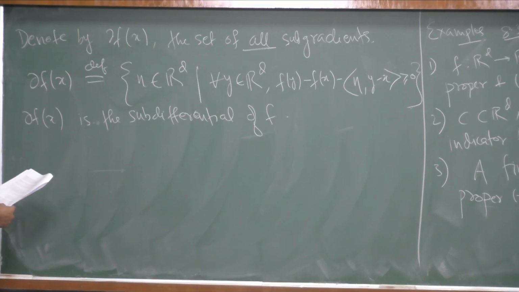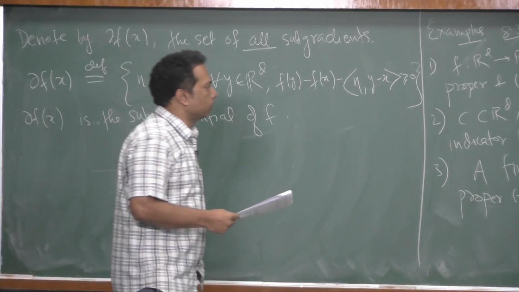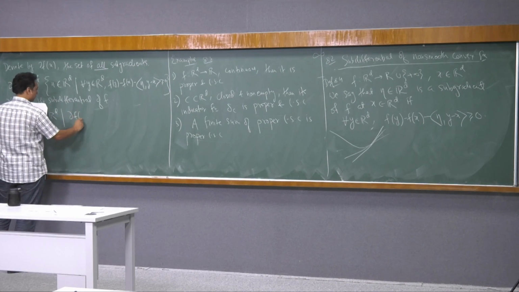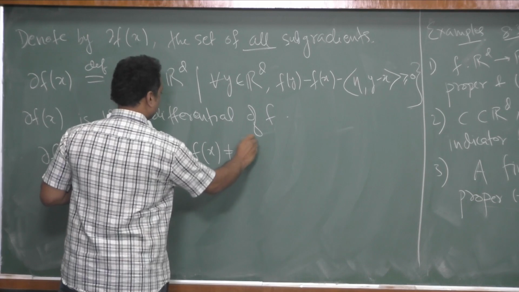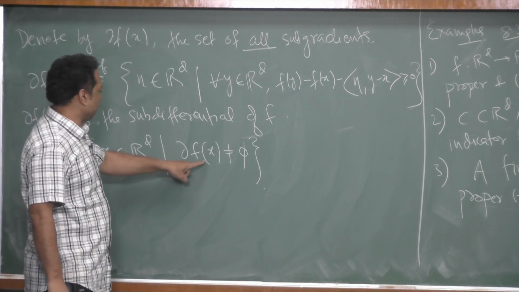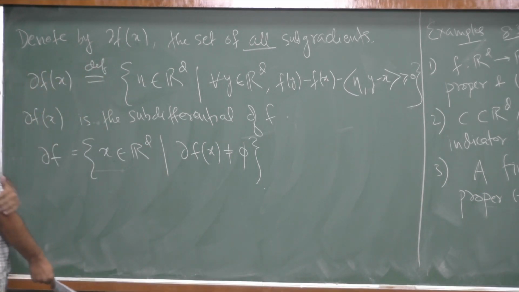We can also collect all the subgradients at all the points. Okay, so that can be written as, then we drop this x, so we basically collect all the points x in Rd such that del f(x) is not empty. So basically collect all those x, all the points where the subdifferential is not empty.